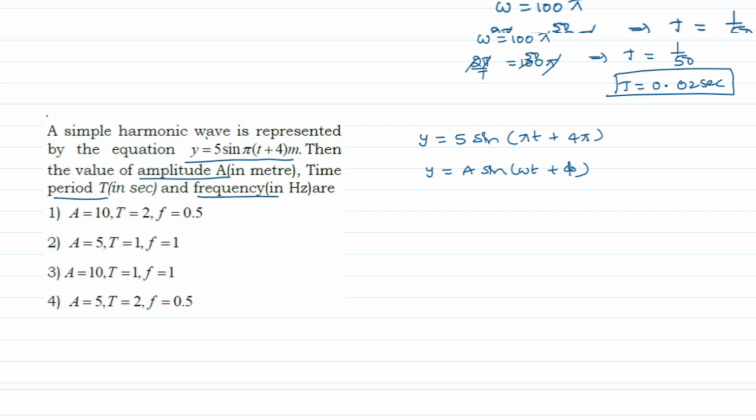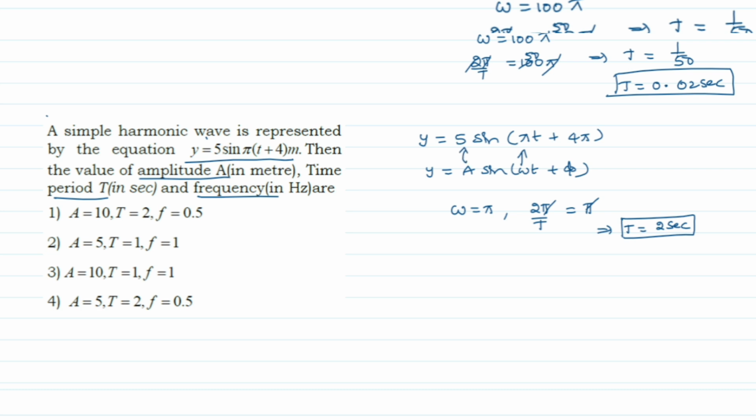Instead of omega here we have pi, so omega equals pi. Omega is 2 pi by T, which is pi. The pi gets cancelled, then T equals 2 seconds. So the time period is 2 seconds.